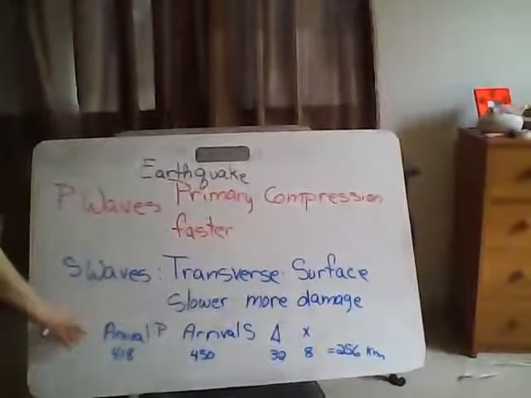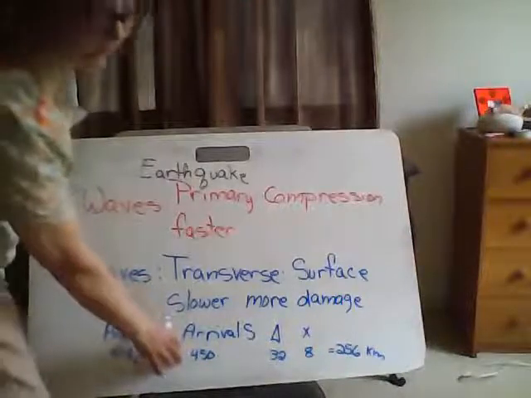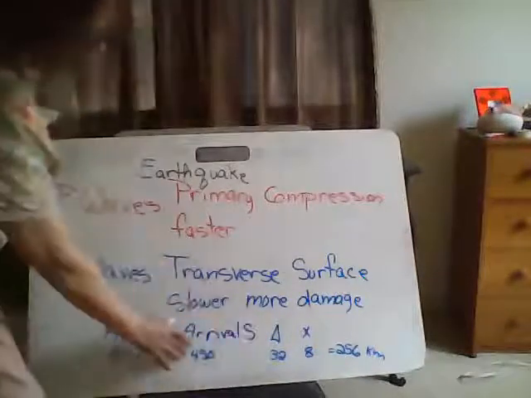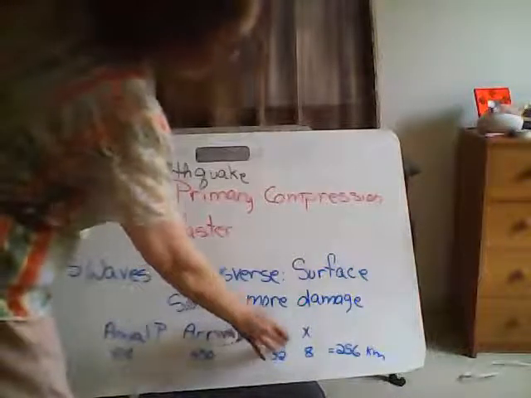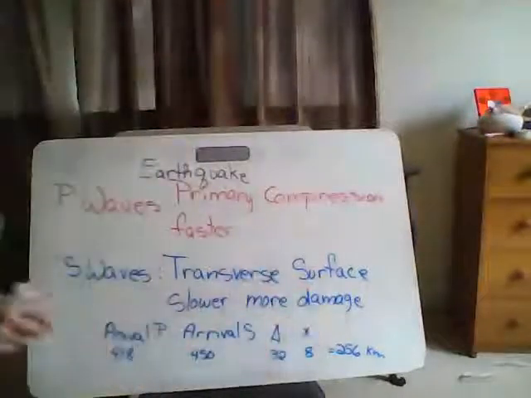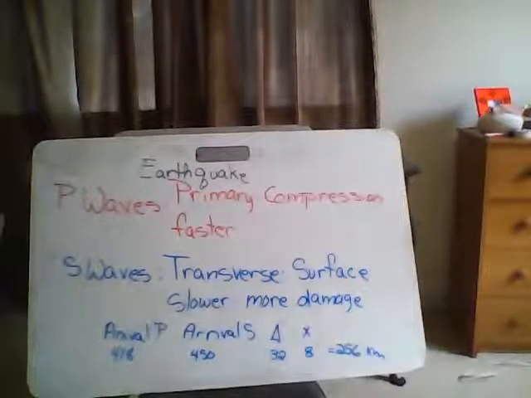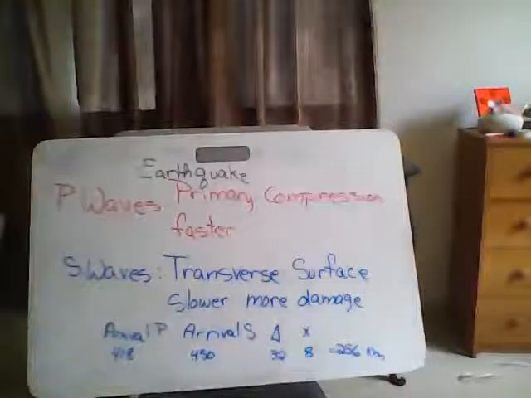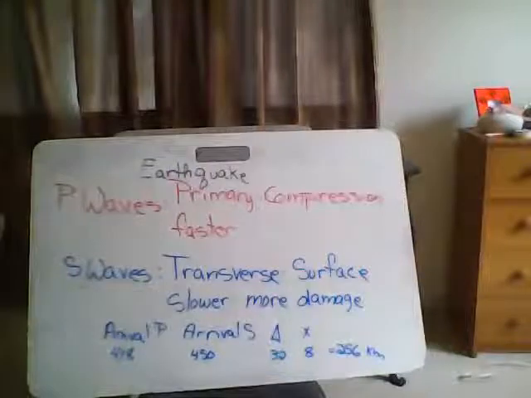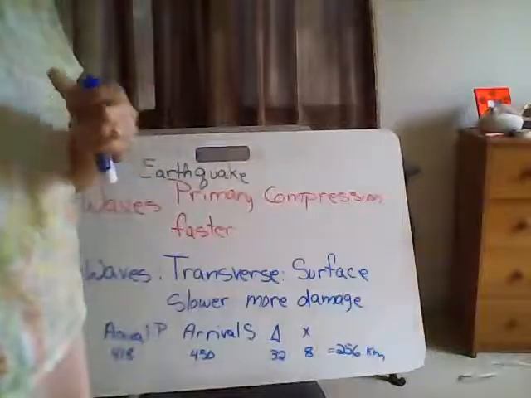So we have the arrival of the P wave was 418. The arrival of the S wave was 450. The difference between them, 450 minus 418, gives us 32, times 8 is 256. So you get the three distances to the epicenters.